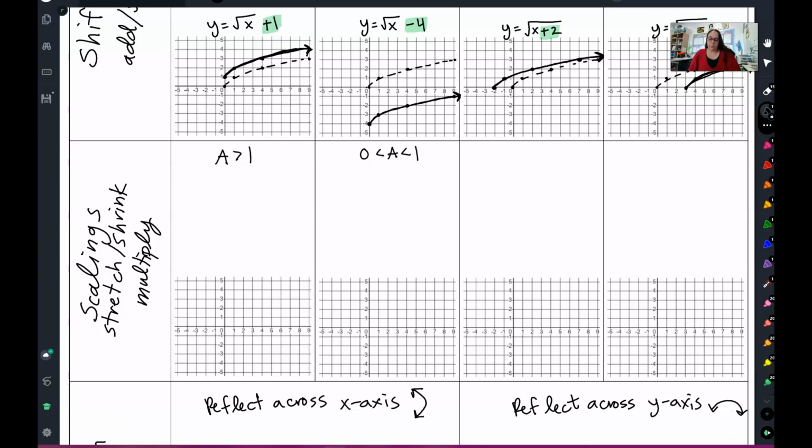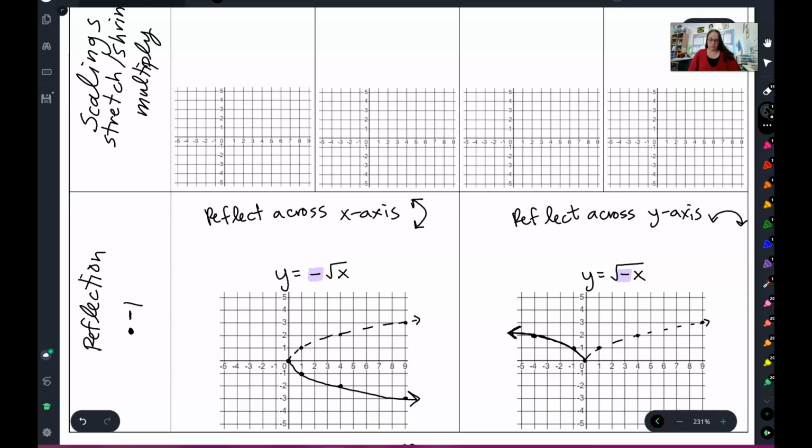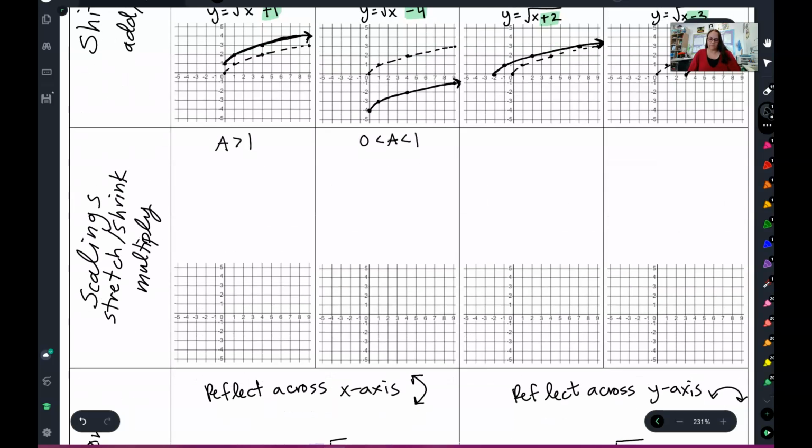So think of a number bigger than 1, or basically like a fraction between 0 and 1. Now, we don't worry about negatives because that's a reflection. Multiplying by a negative is a reflection. So those are our 2 categories here. We can multiply by a number greater than 1 or multiply by a number between 0 and 1.